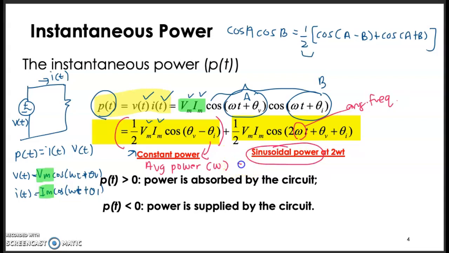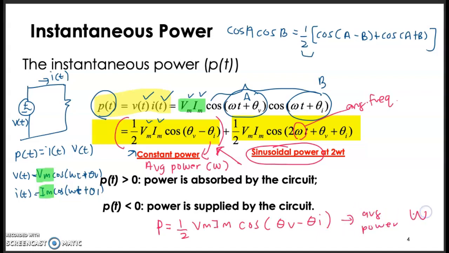What we're going to focus on is the average power, P equal half Vm Im cosine of theta V minus theta I, calculated in watts. If your P value is more than 0, it is absorbed. If P is less than 0, it is supplied. Usually the resistor absorbs power, and the source supplies power, which will be negative.